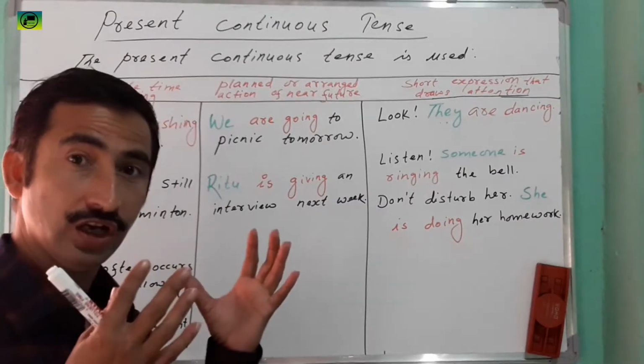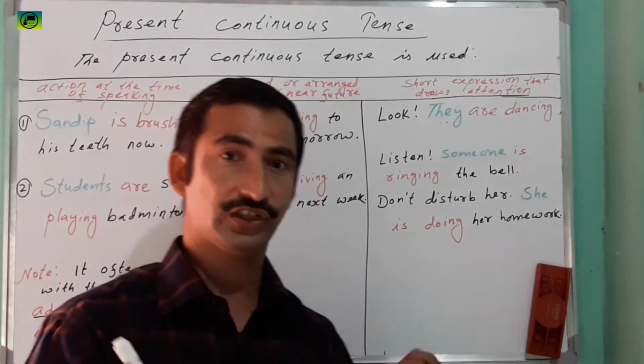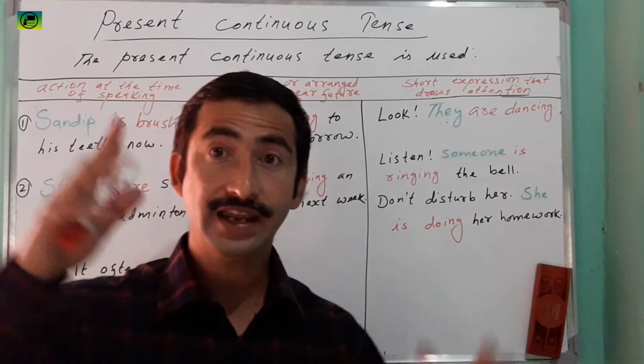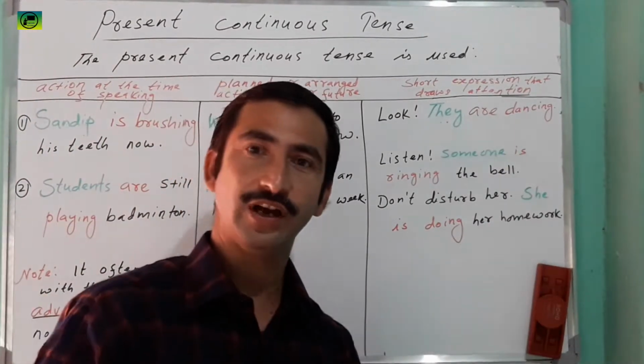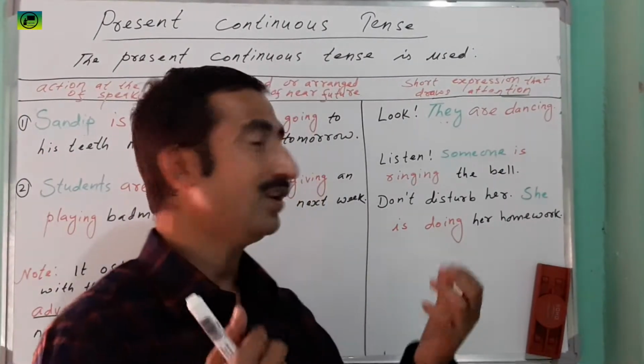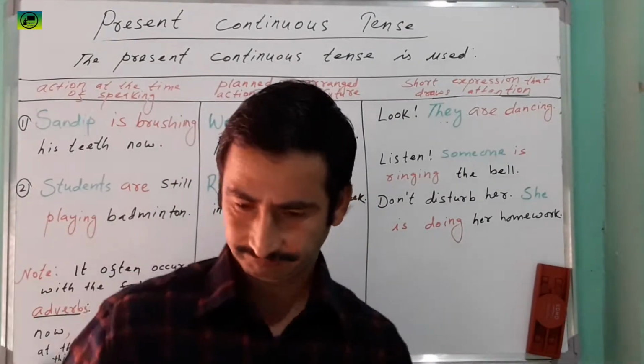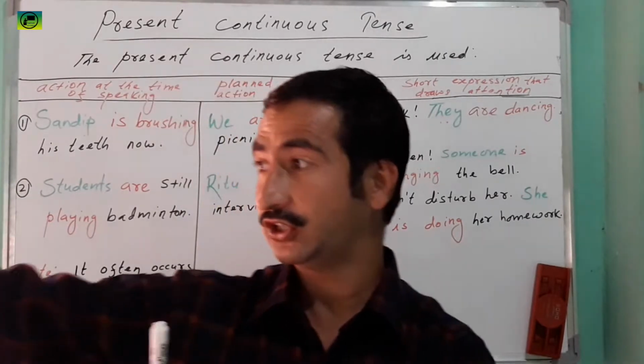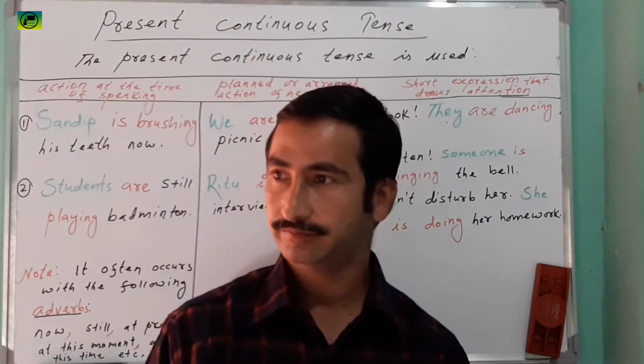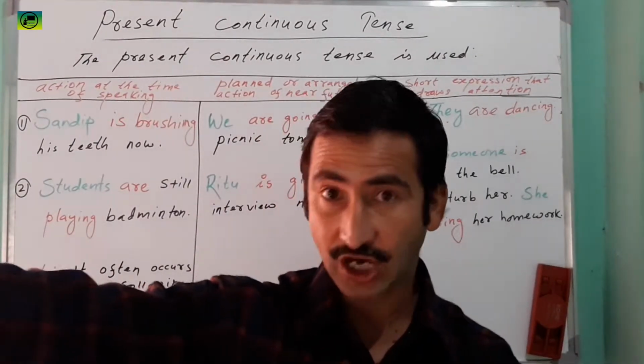When you say look, it draws what? Attention. Listen. Hey, listen. We are drawing the attention. For example, if you are crossing the road and the truck is coming, look, the truck is coming.